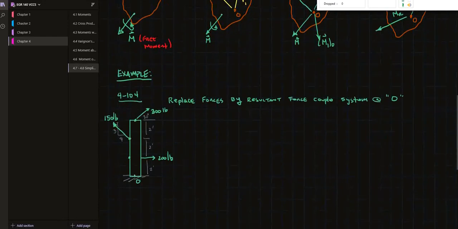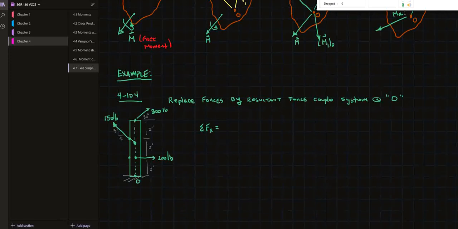So for an example, this is example 4-104. Let's replace this system of forces by a resultant force couple system at O. First off, let's sum forces in the x direction. I need to make an adjustment here. These are all along this line.